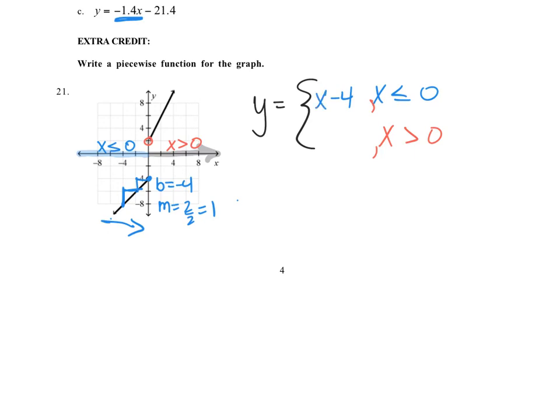And then our red, this one here, starts at a positive 2, so b is 2, and it goes up 4 over 2, which is your slope, which is 2. So if my slope is 2 and my b is 2, that's 2x plus 2 is my equation.